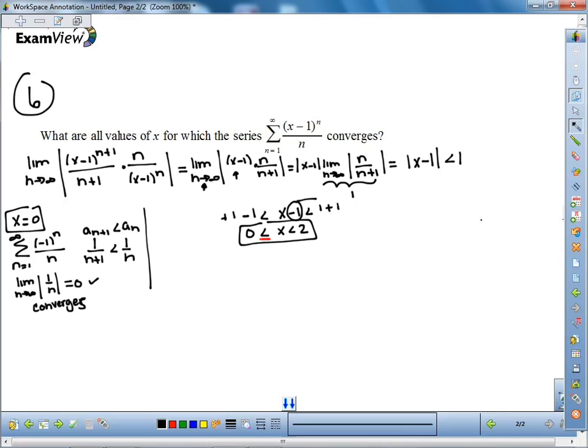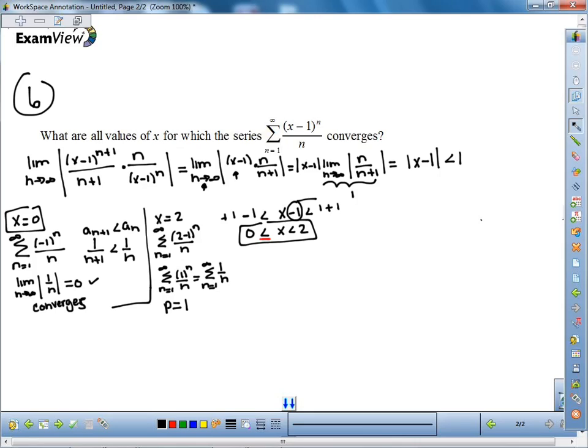So now we're going to check x equals 2. When x is equal to 2, I get the series of 2 minus 1 to the n over n, and this is just 1 to the n over n, which is a harmonic series, or a p series where p is equal to 1.